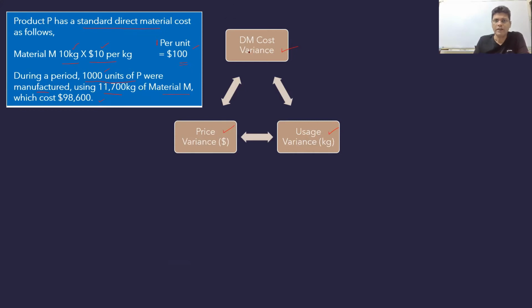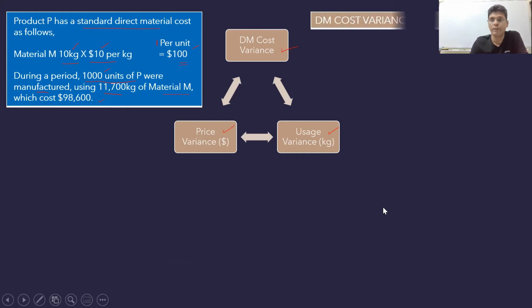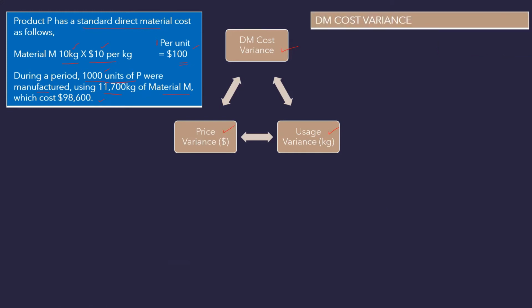So how do you calculate the direct material cost variance? You just compare the actual cost incurred, $98,600 on these 1000 units, with the budget. How much is the budget per unit? $100.